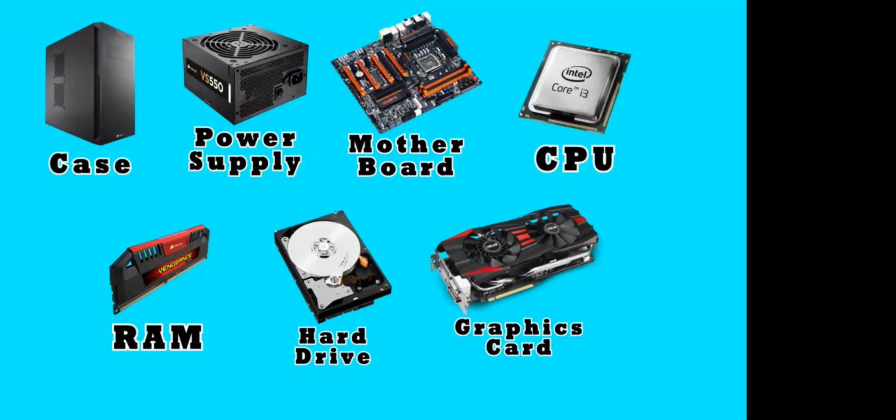RAM will be a temporary memory, and it will run the data, information and applications. Then the hard drive will store the data permanently, and whenever you want it will retrieve and show it to you. Then the graphics card will give you a good video output. Okay, clear everyone? Yes, sir.